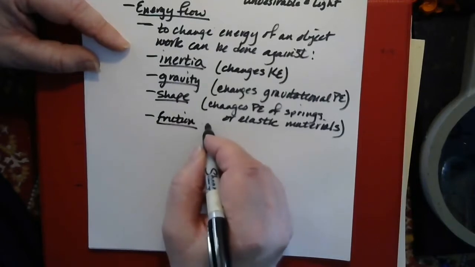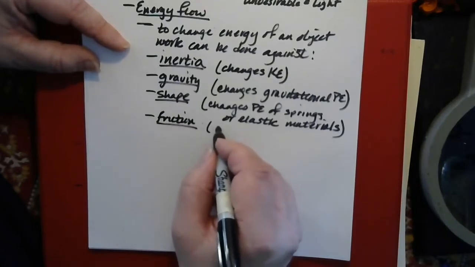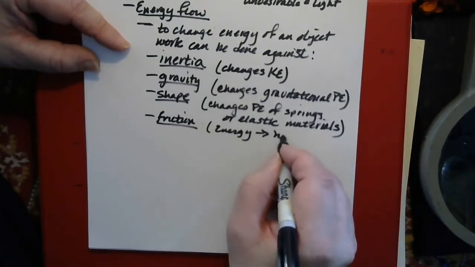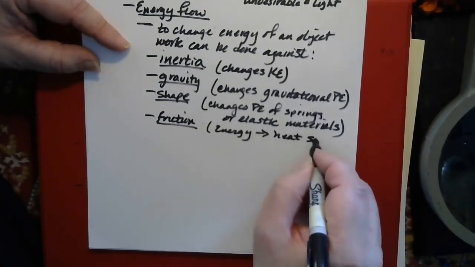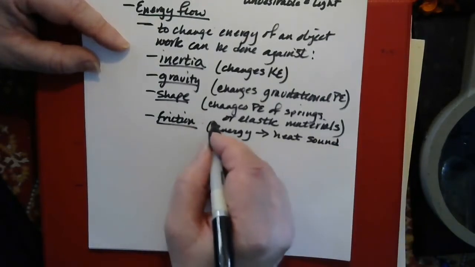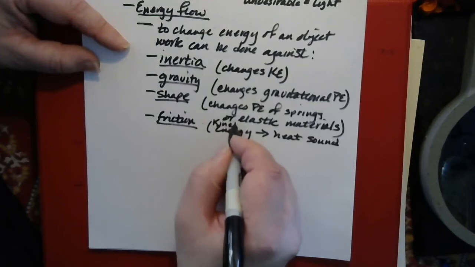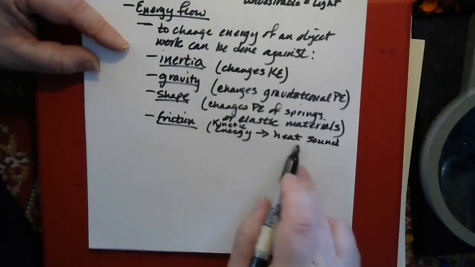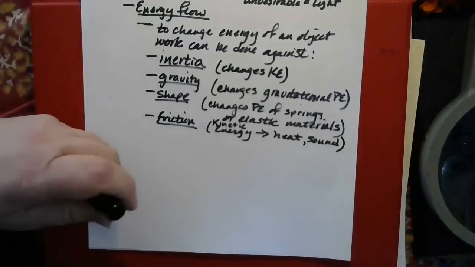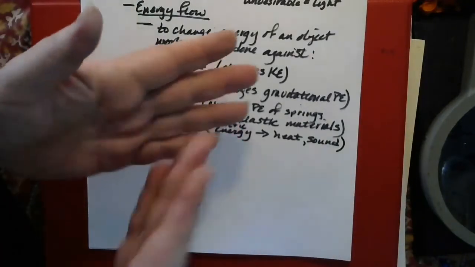Another thing might be friction. And friction is basically what changes kinetic energy into heat or sound. And a good example of friction is just rubbing your hands together. When you go like that, you can feel your hands getting hotter.